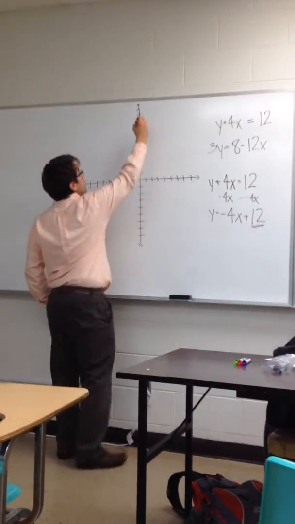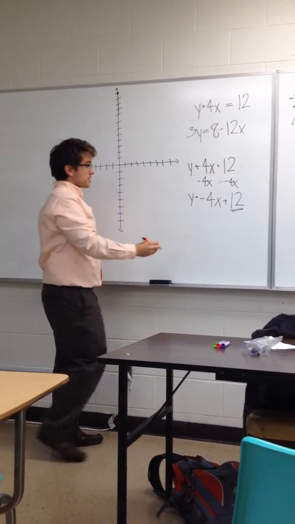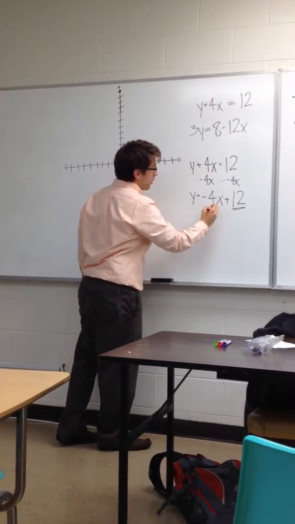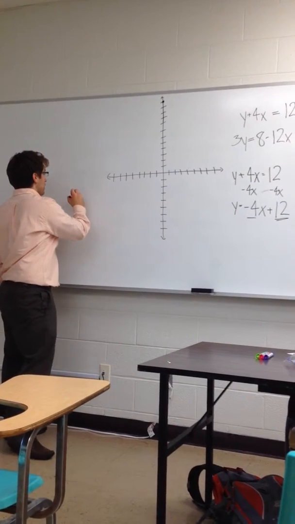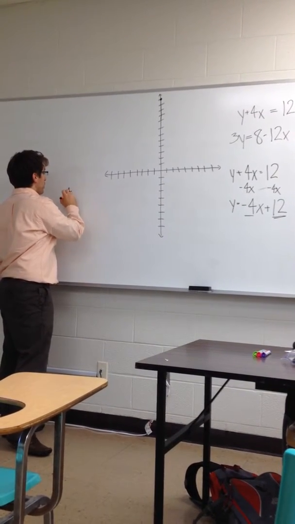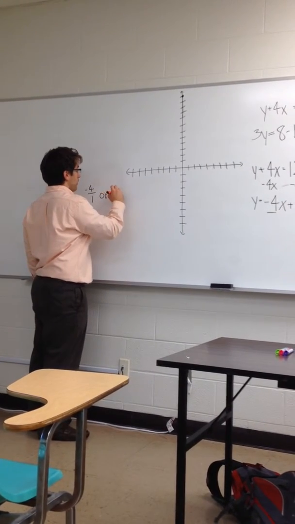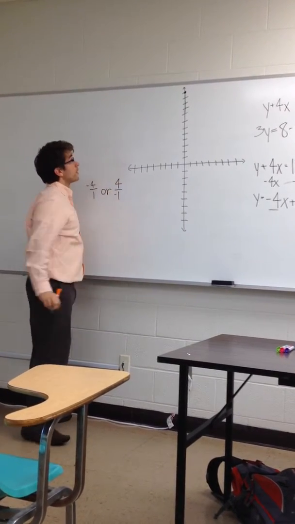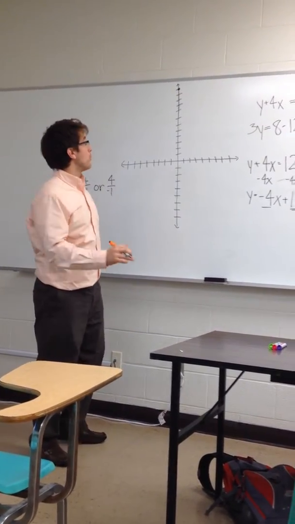So I'm going to start by labeling 12, and then since my slope is negative 4x, my rise over run will be either negative 4 over positive 1 or 4 over negative 1. So to start off, I'm going to go down 4 and then to the right 1.